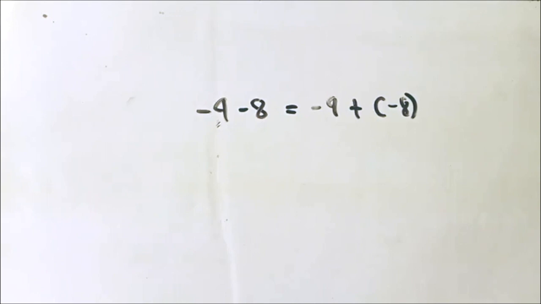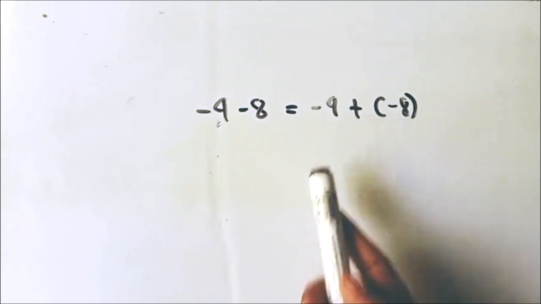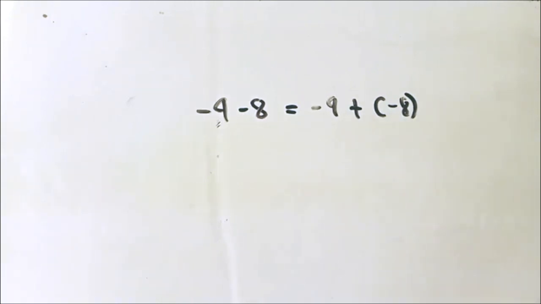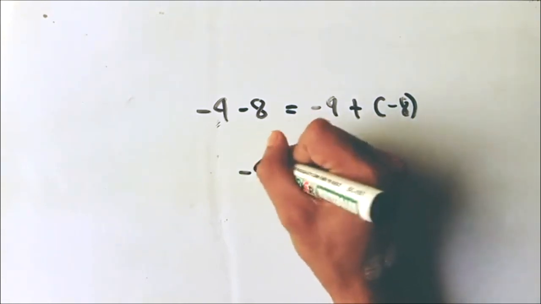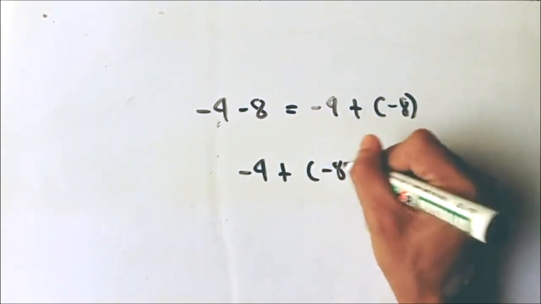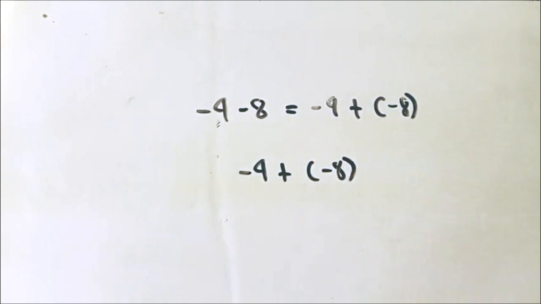Now, we will add these two numbers. If you notice, their signs are the same, so this is case 1 of the rule of addition, negative 4 plus negative 8. This is the case 1 I mentioned earlier in my explanation of addition: if the signs are the same, add the numbers and keep the sign.